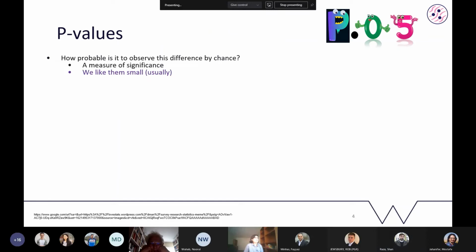All right, so p-values, to put it in layman's terms, is how probable is it that the difference you're observing happened by chance? So it is a measure of significance, and we typically like these values to be small.